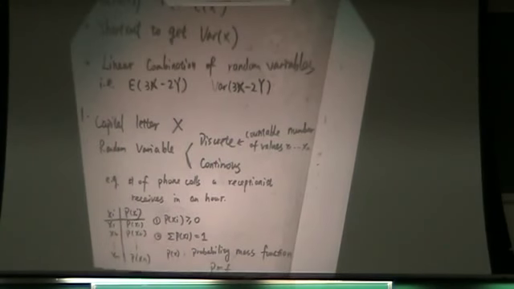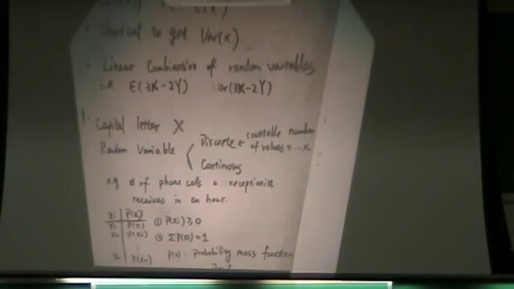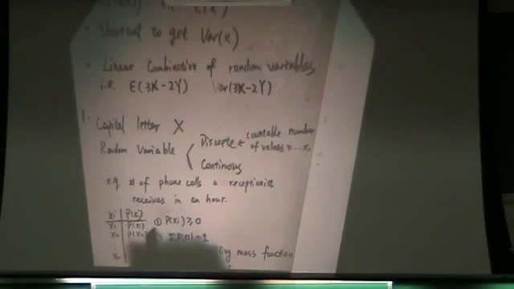So for each value the discrete random variable could take, there's a probability associated with it. For example, x1, x2, up to xn are the values that this random variable could take. And the probability corresponding to each value is p(x1), p(x2), up to p(xn) here.